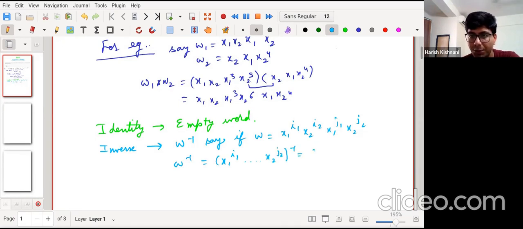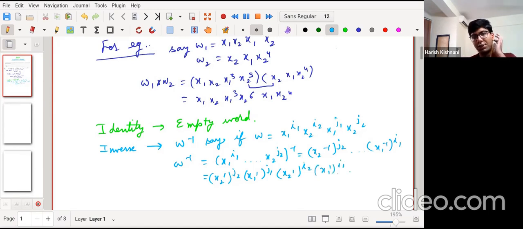It will be just x2 inverse to the J2, and so on to x1 inverse to the I1. And as you said, x2 inverse is denoted by x2 dash, raised to J2. Then after x2 you have x1 to the J1, so it will be x1 dash to the J1, x2 dash to the I2 and x1 dash to the I1.